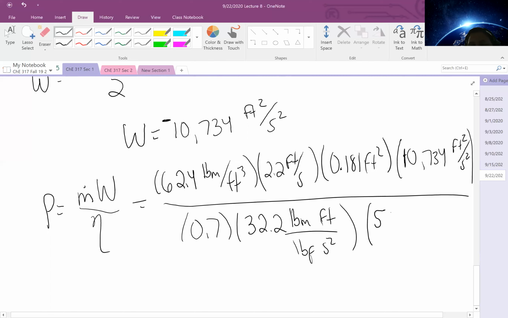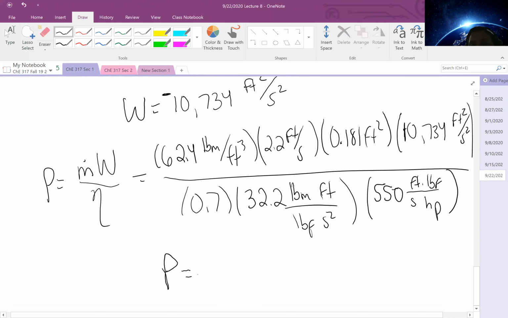And then I can divide by 550 foot pound force per second to get horsepower. I do that and I get approximately 2.15 horsepower.